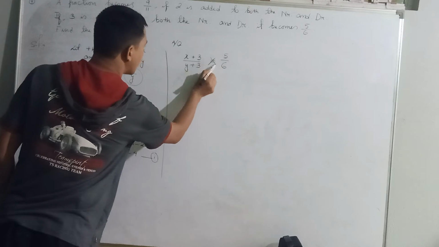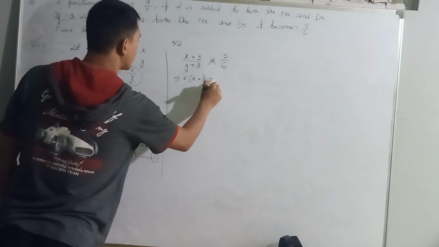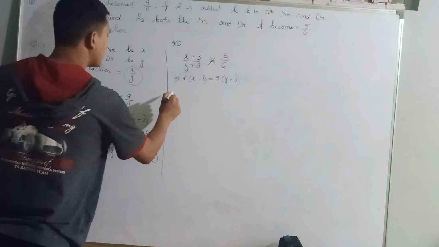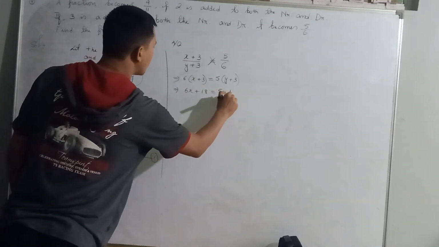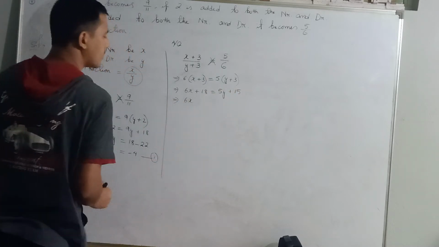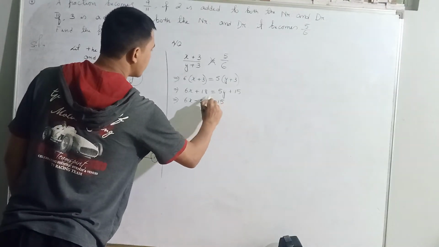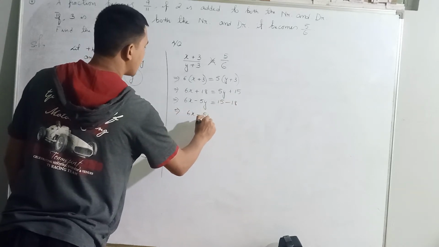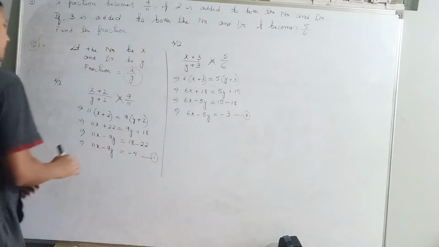We will cross multiply. 6 times x plus 3 will be equal to 5 times y plus 3. 6x plus 18 is equal to 5y plus 15. 6x minus 5y is equal to 15 minus 18. So 6x minus 5y is equal to minus 3. That is your equation 2.